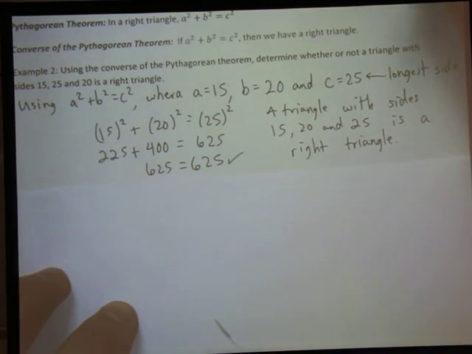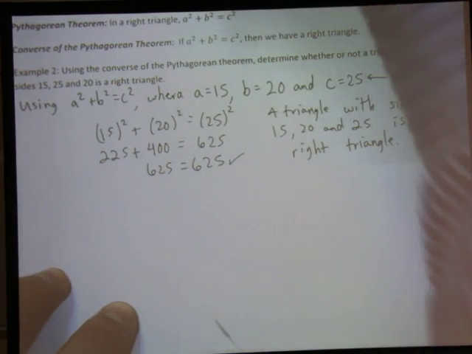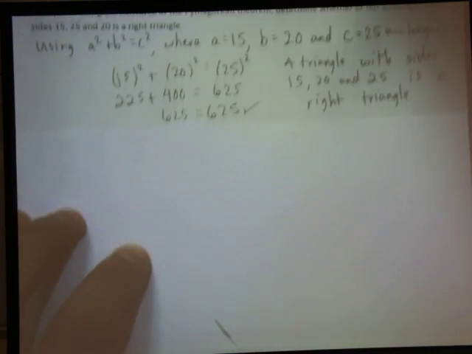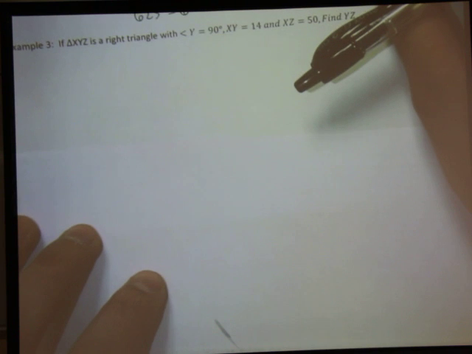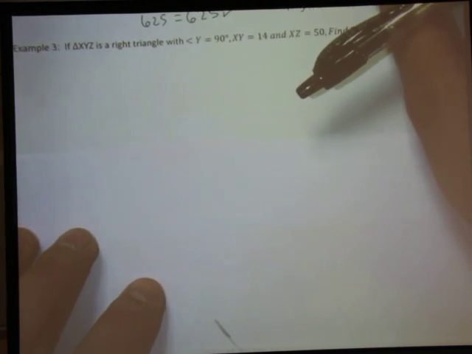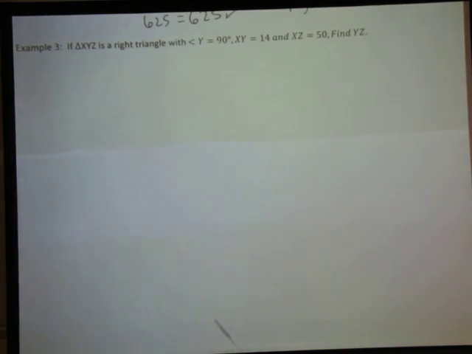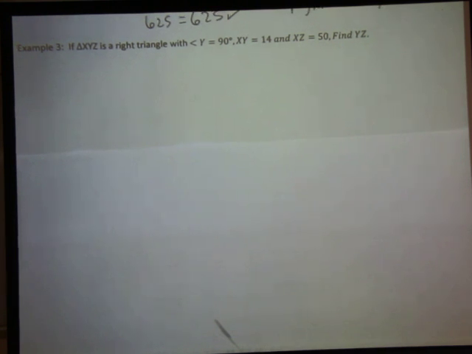Okay, and finally, for our third example, we'll still be using the Pythagorean theorem. If triangle XYZ is a right triangle with angle Y being 90 degrees, and XY equals 14 and XZ equals 50, what I want to do is find the third length of my triangle, which is YZ.